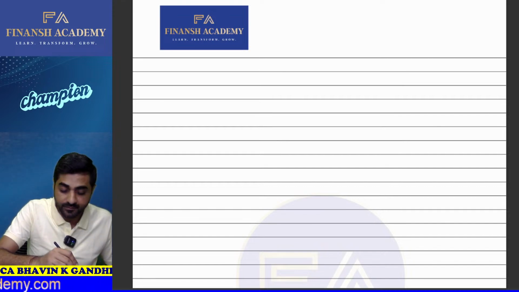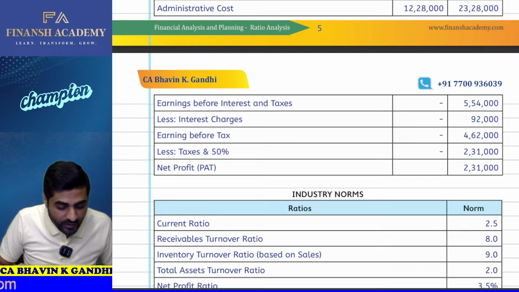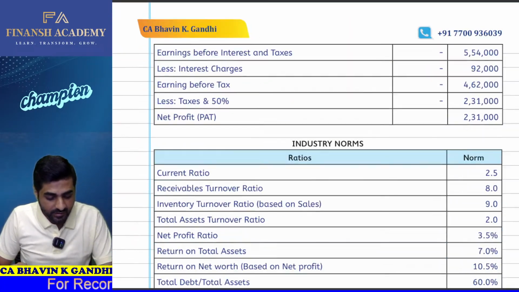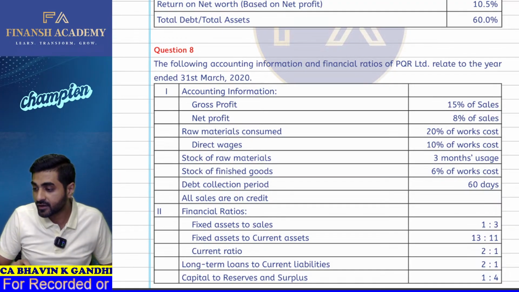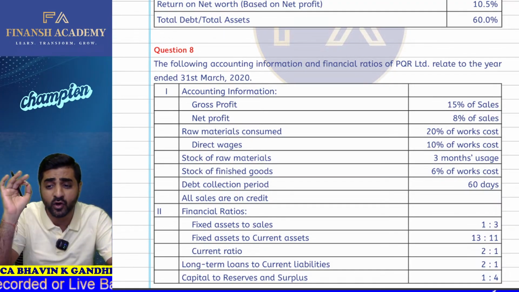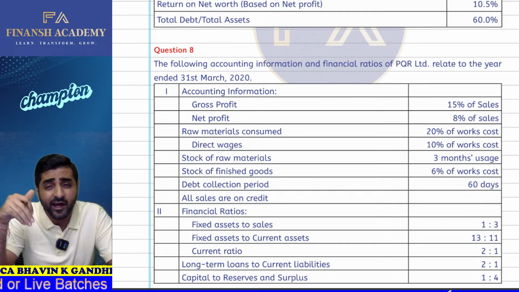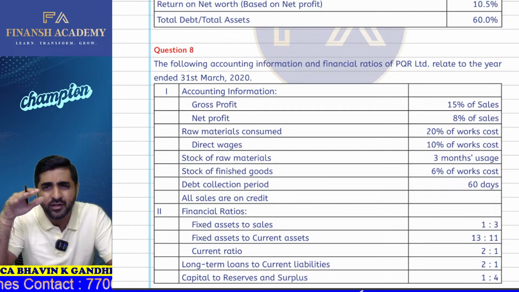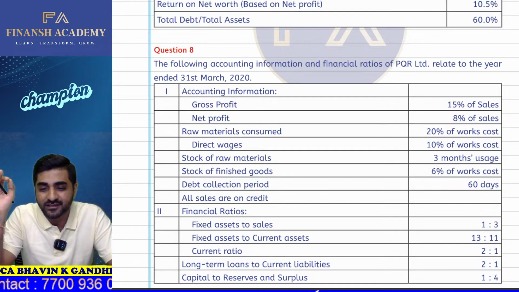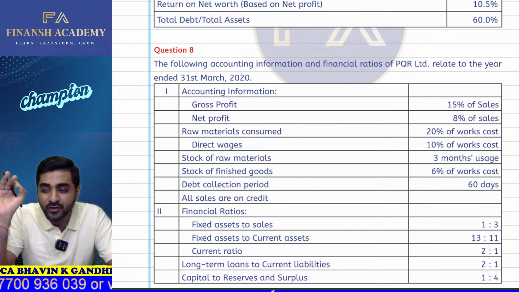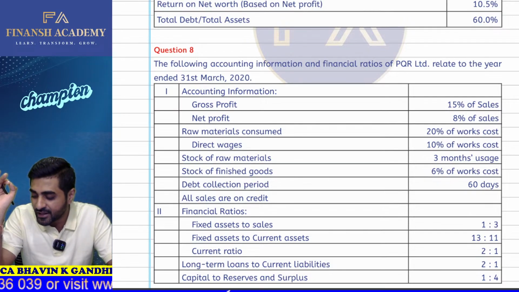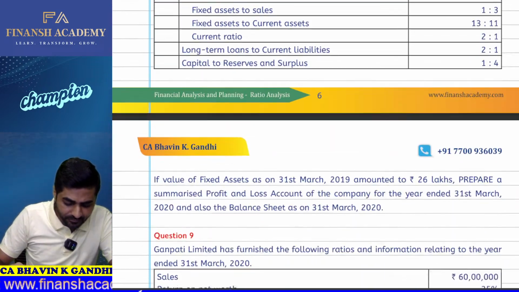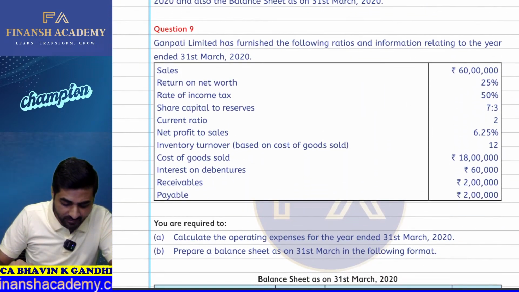So guys, we completed your question number 8, where we discussed what is the meaning of your works cost and how do we calculate the works cost by taking into consideration whatever is going to be your breakup of your cost. So now we are going to continue further and deal with your next question. Let's start with your question number 9.